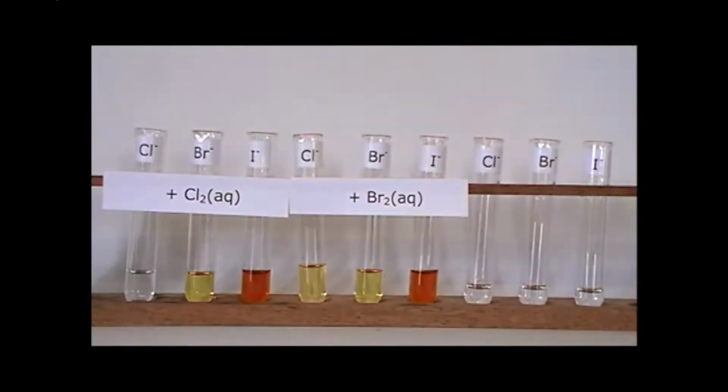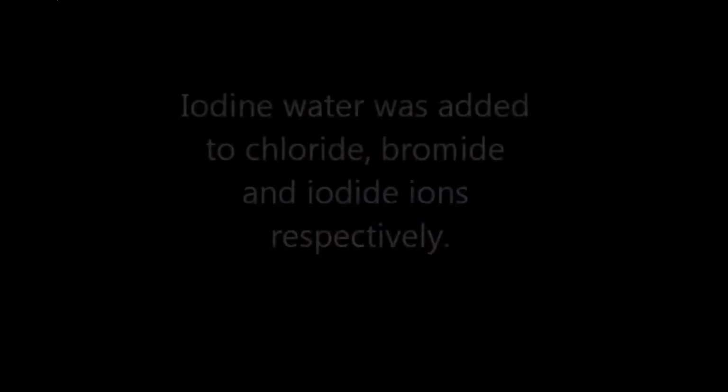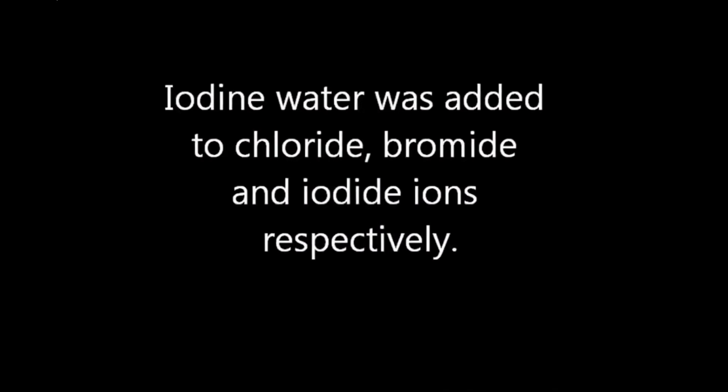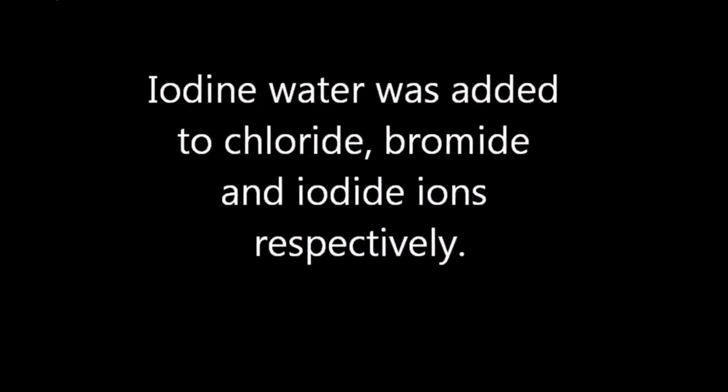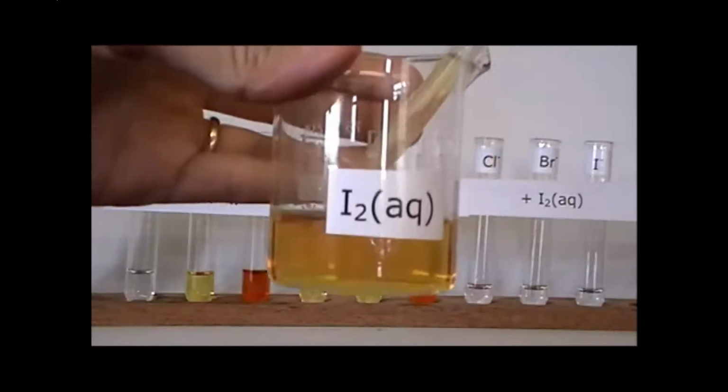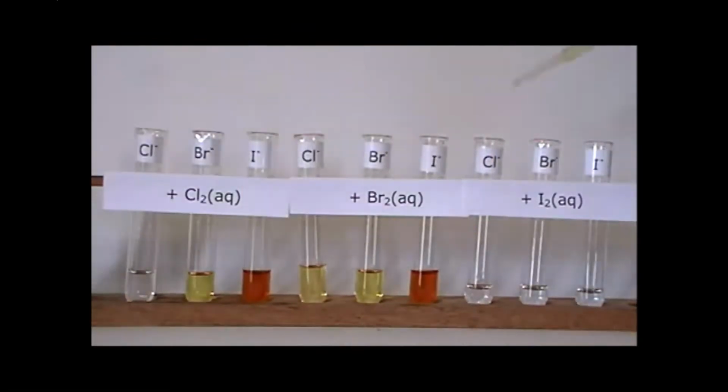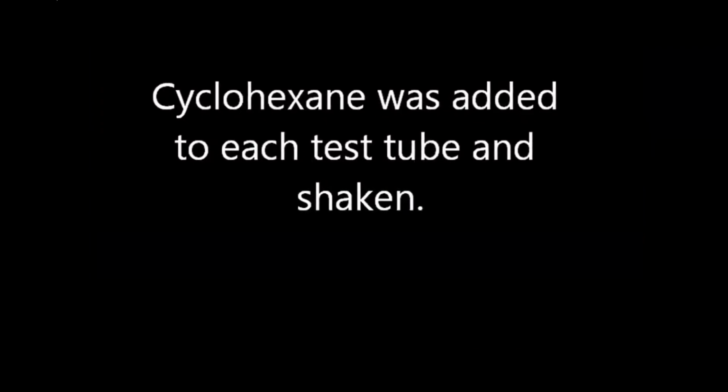Okay, cool. And then guess what he's going to add to the third set? I2. Here we go. All right, so just like we said. There it is. Now it's hard to see what's going on here. So now what they're going to do is add cyclohexane, and this is where we're going to get our data.